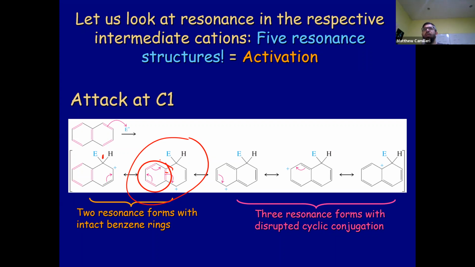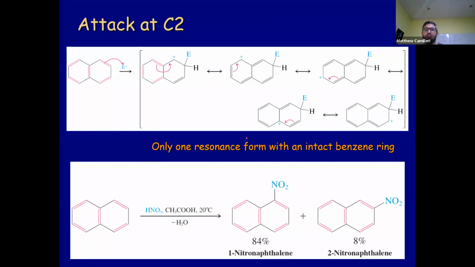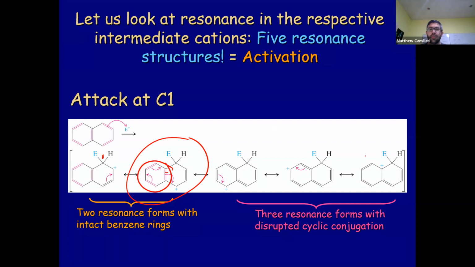And you have position C2. And in position C2, you have the same structure that is going to be stabilized with the benzene. And you also have 4 other structures. But you have 2 structures that are going to have the full benzene ring in them.